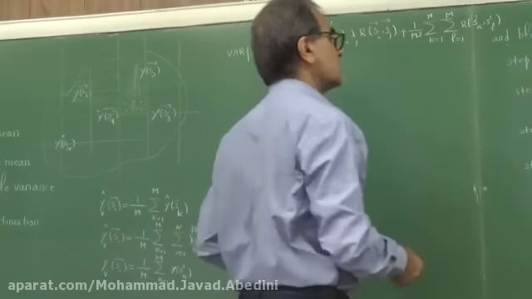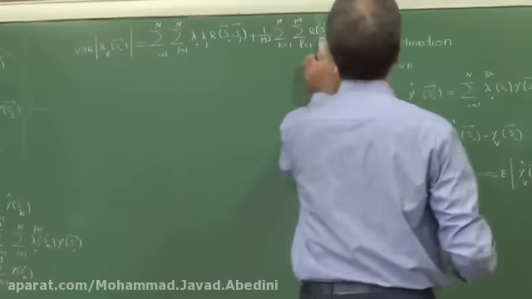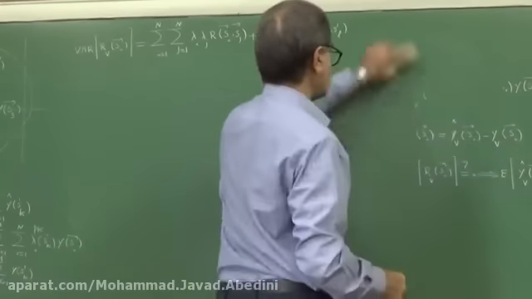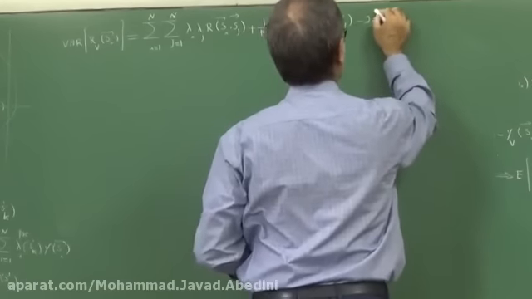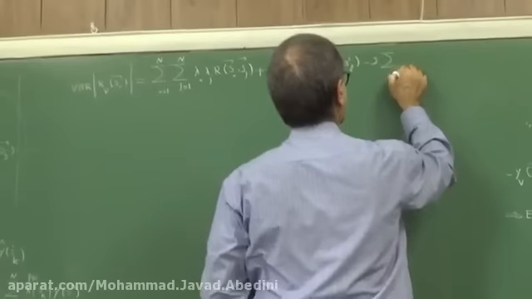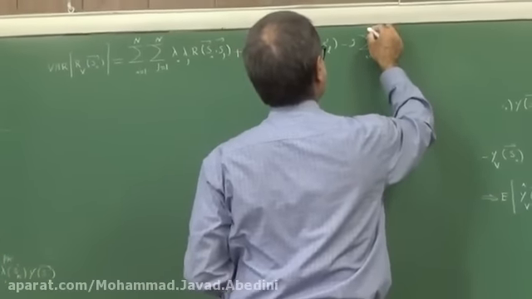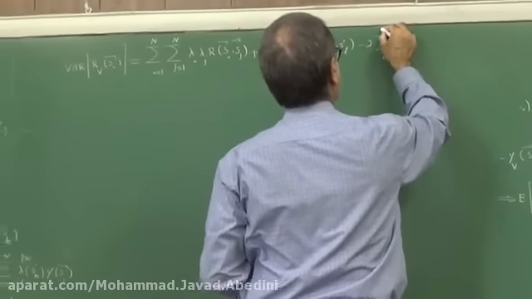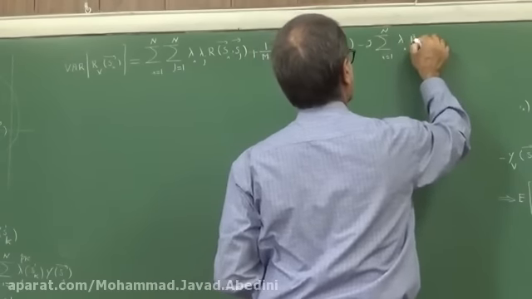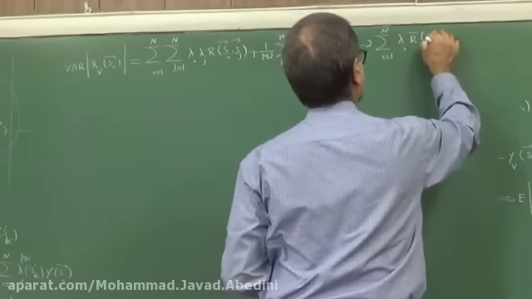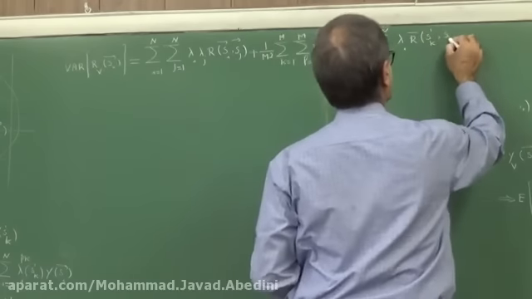And then when it comes to the third term, minus 2 times summation i from 1 to n, lambda i, r sub S prime k, S i.